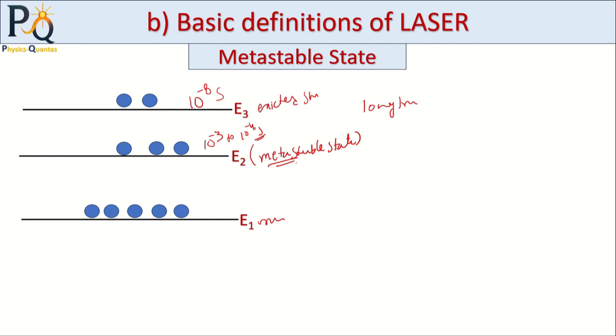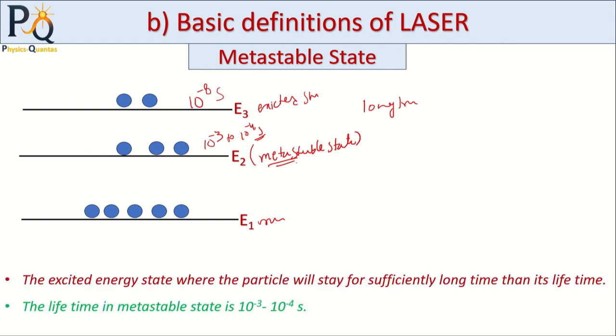It is an excited state where the particles will stay for a sufficiently long time, longer than the normal lifetime, and the lifetime in a metastable state is around 10 power minus 3 to 10 power minus 4 seconds.